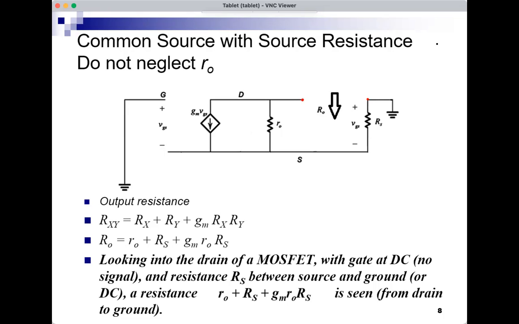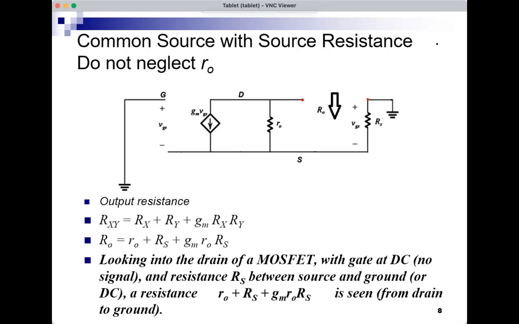So this is, remember the rules that we talked about, looking into the drain, or looking into the collector, or looking into the base of a BJT. Now we have a new rule in this set of rules, and this is for MOSFETs, looking into the drain with no signal at the gate, but with a resistor between source and ground.